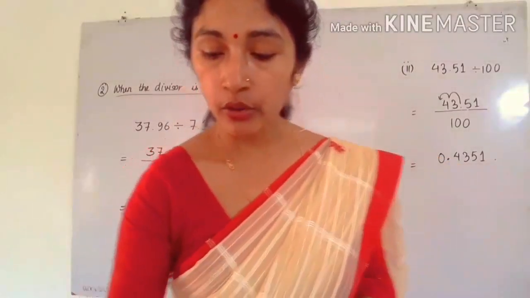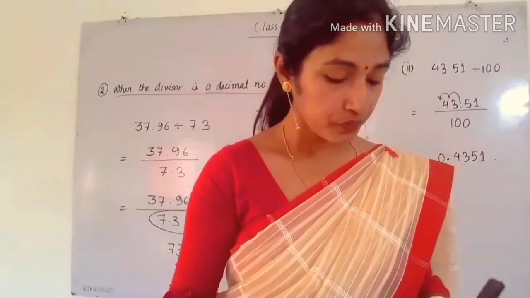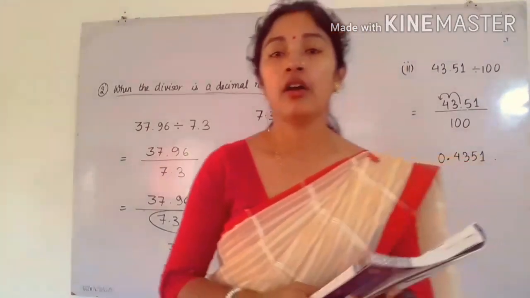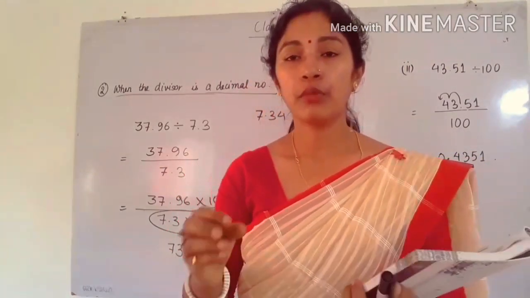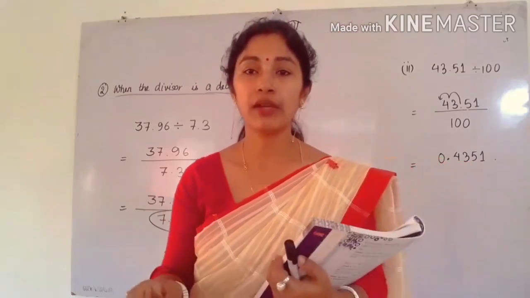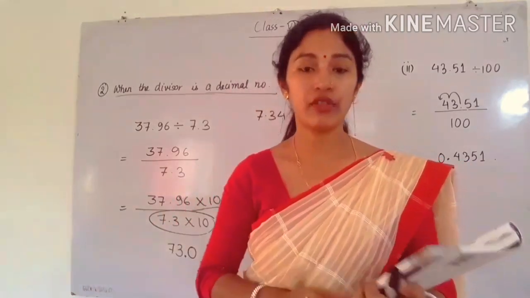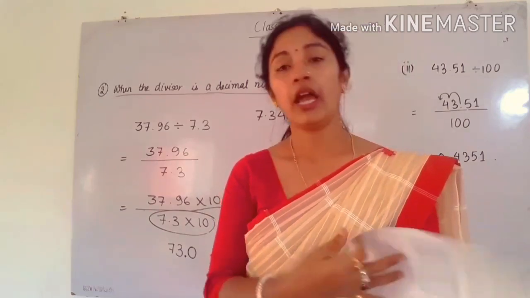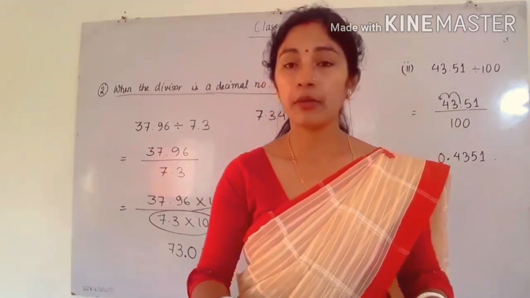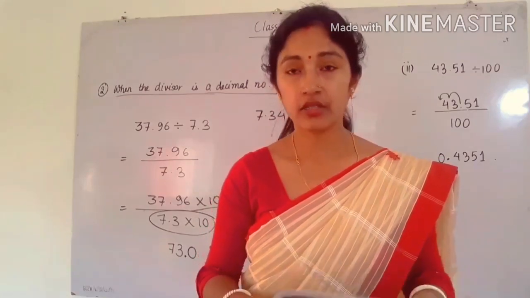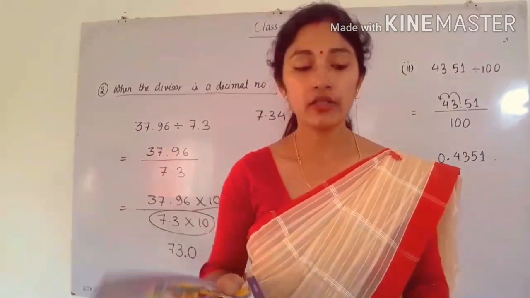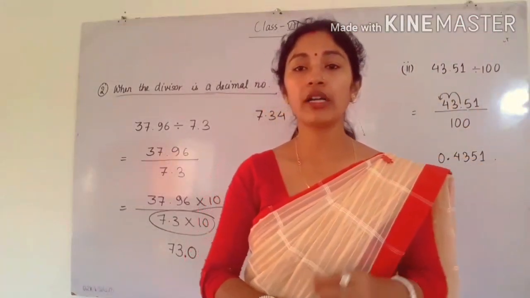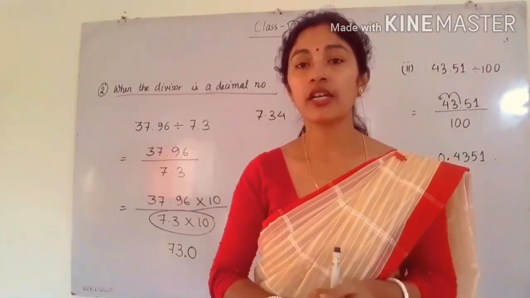So now you can do exercise 3.1, questions number 3 and 4. For 1 and 2, I have already discussed the multiplication and how to do it in my previous lecture. So try to complete exercise 3.1 and share it with me on WhatsApp. I am repeatedly telling you, please share with me, because you are doing the steps and the questions, I know, but I have to check the steps.